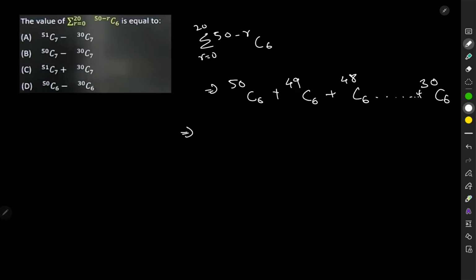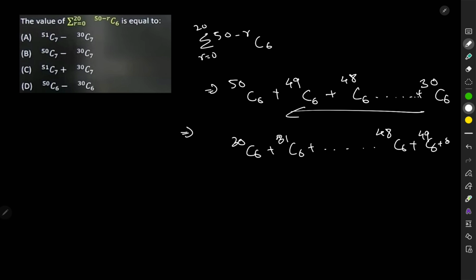Now let's just reverse this equation and write 30C6 plus 31C6 plus dot dot dot till 48C6 plus 49C6 plus 50C6, right? So what's the problem with this?